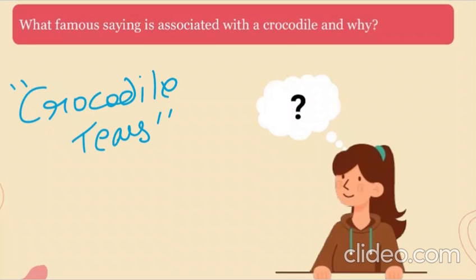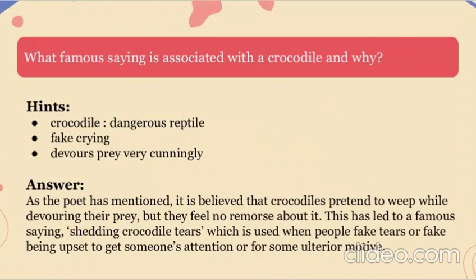When a person is not exactly crying, but still shows that, oh my god, I'm sad, I'm crying, those are known as crocodile tears. Why? Because crocodiles also do that to deceive, to trick their prey. As the poet mentioned, it is believed that crocodiles pretend that they are crying while devouring their prey.